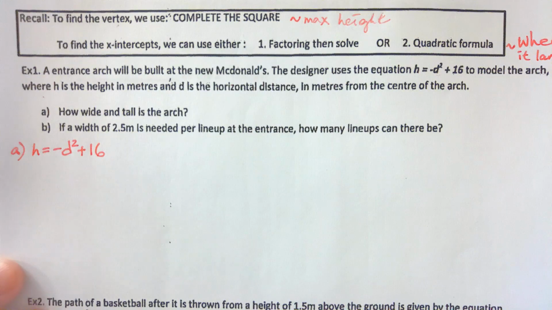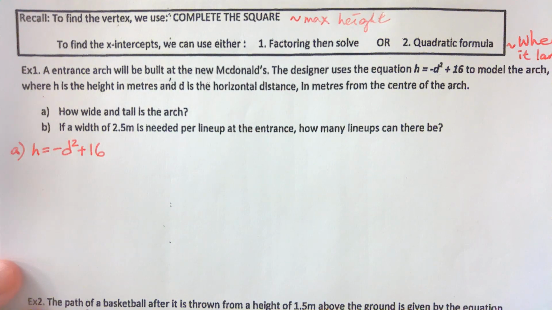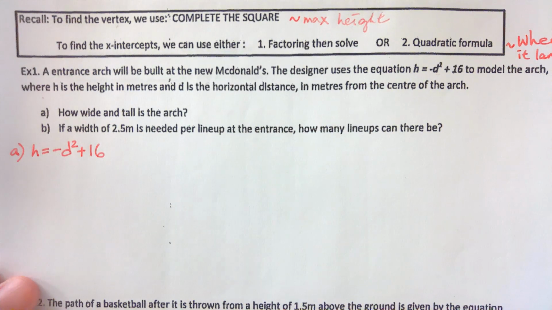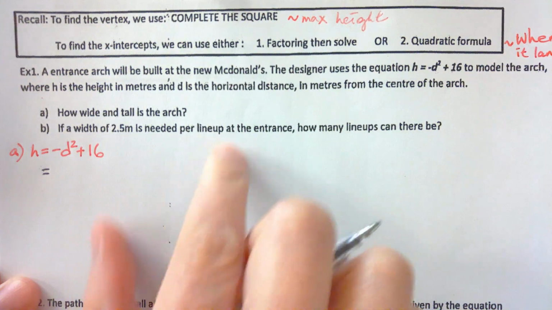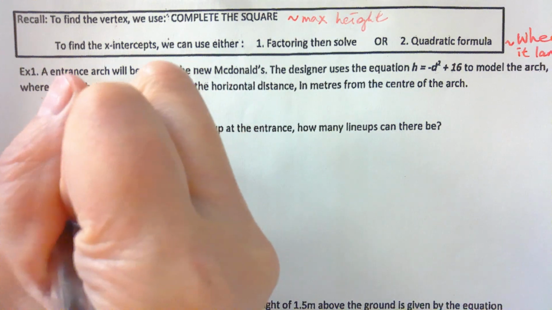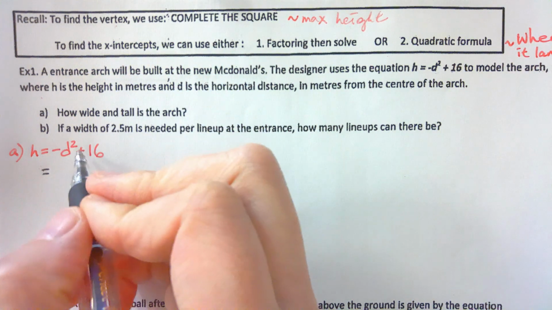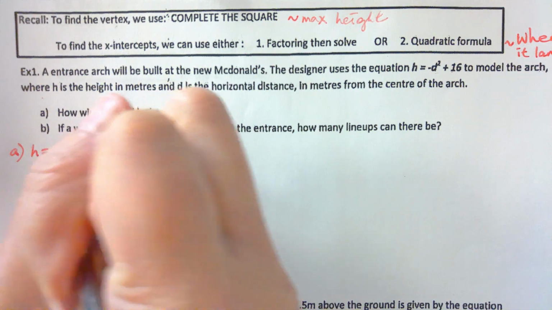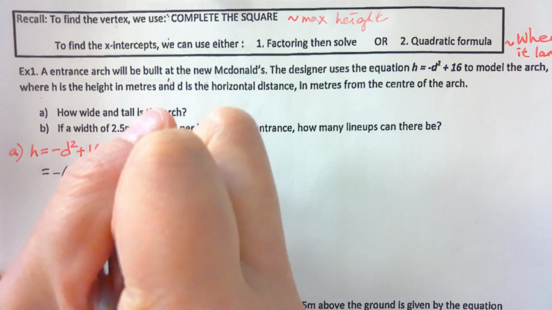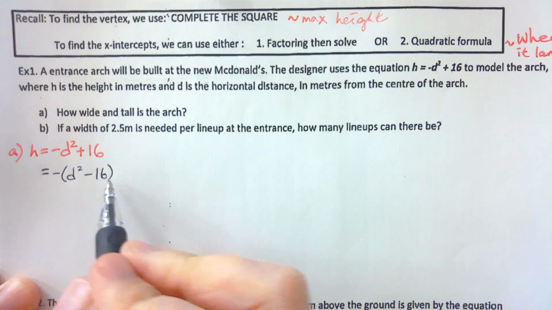Alright, I'm gonna show both ways, but as I said, you can do either or. Okay, so I'm just gonna show the factoring way first, and then I'll show the quadratic formula way. So this difference of squares, it has to be minus in the middle. But I could take the negative out so that it's like this.